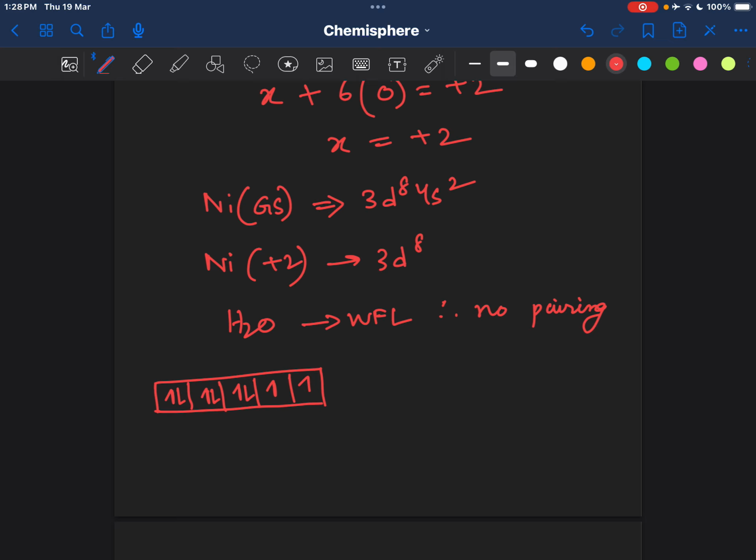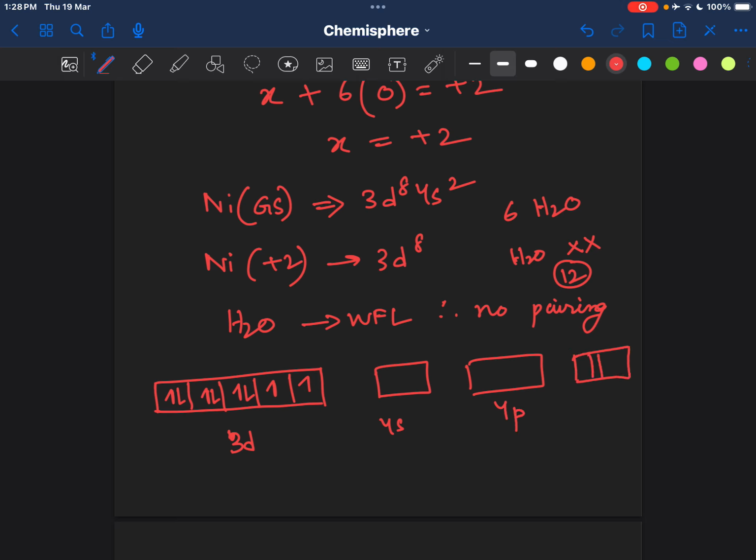Since there is no pairing, these two are not going to pair up like the previous case. Now there are 6 H2O. One H2O contributes 2 electrons, so 6 will contribute 12 electrons. So we have 3d, then 4s, then 4p, then 4d.